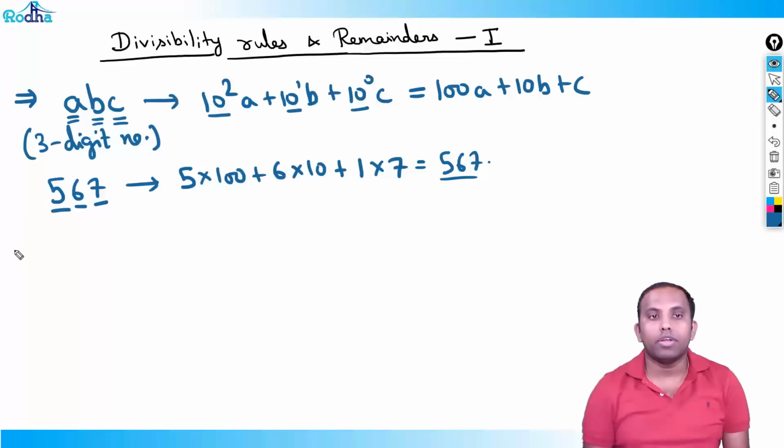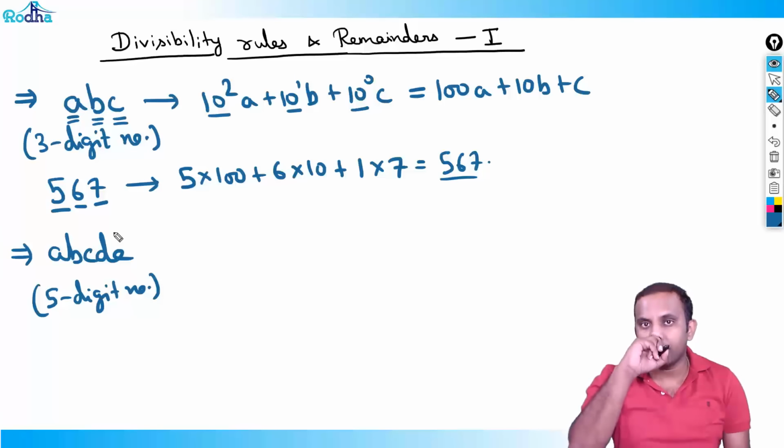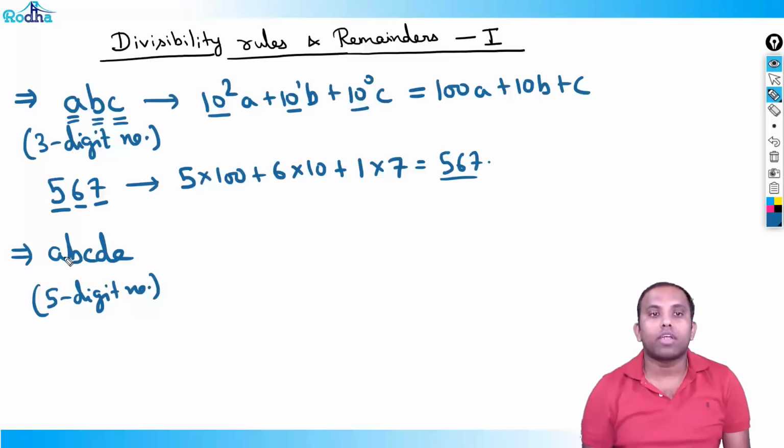Even if it is a 5-digit number, A, B, C, D, E, suppose. In this case, starting with A, what should be the power? It should be 10 raised to 4, because if it is a 5-digit number, the last will be 10 raised to 0. So the first digit will be 10 raised to 4. For a 5-digit number, 10 raised to 4.